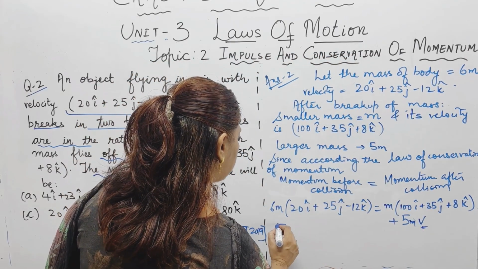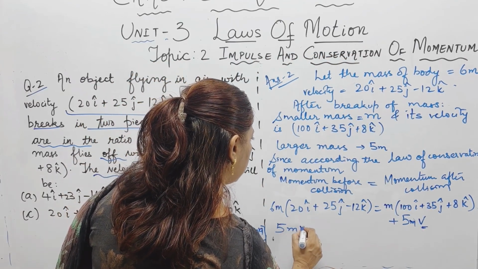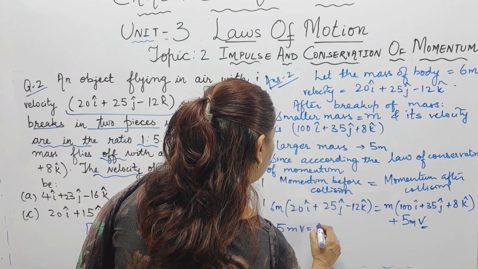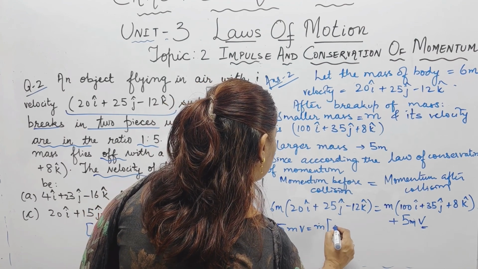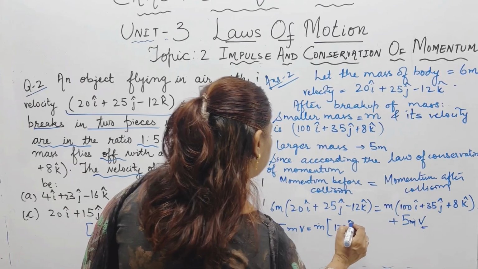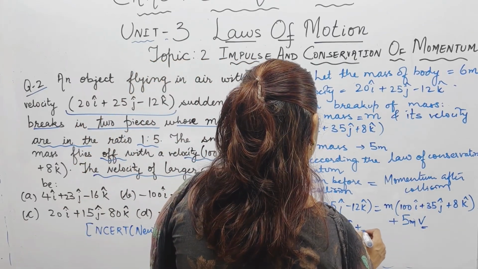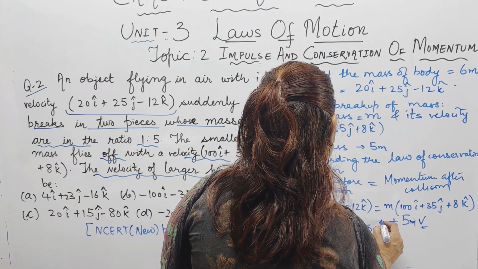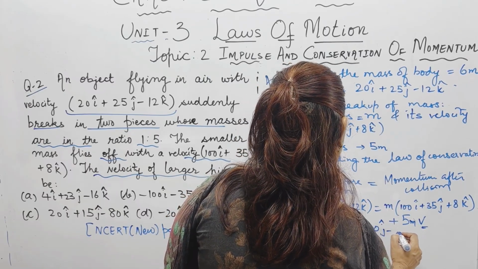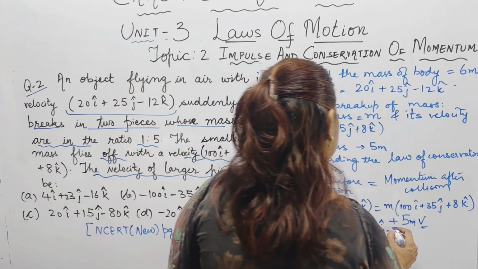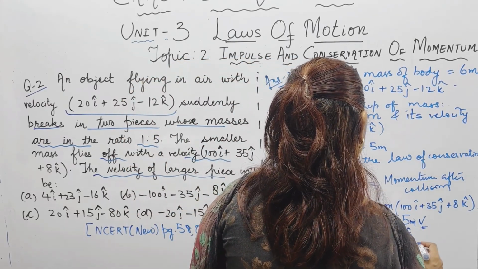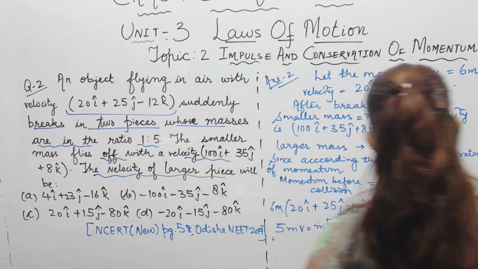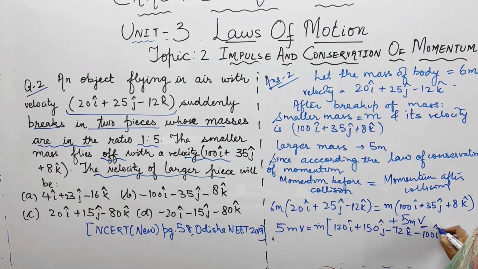So we have 5m v is equal to 120 I cap plus 150 j cap minus 72 k cap minus 100 I minus 35 j minus 8k.